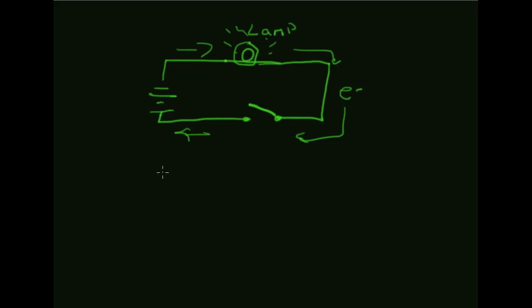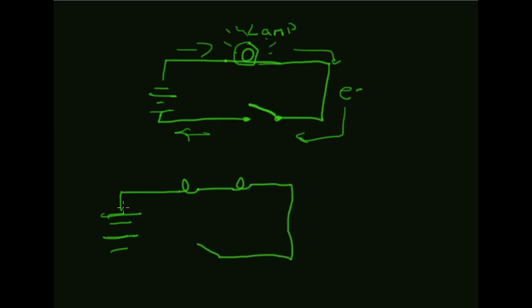Now, if I have multiple lamps in a circuit, there are multiple ways that they can be arranged. One way is for them to be on the same wire. In this case, these are lamps that are wired in series, one right after the other on the same wire.